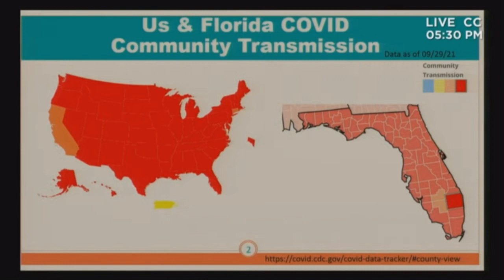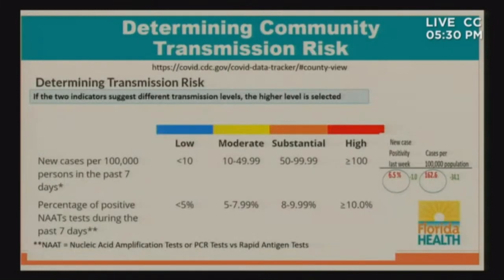Now, in terms of Florida, you can see that we're all in red with the exception of Glades and Henry. So this information that Keith is talking about shows us why we are in red.